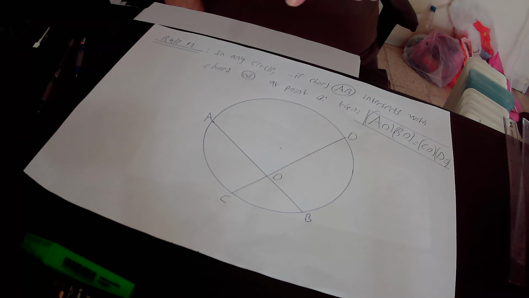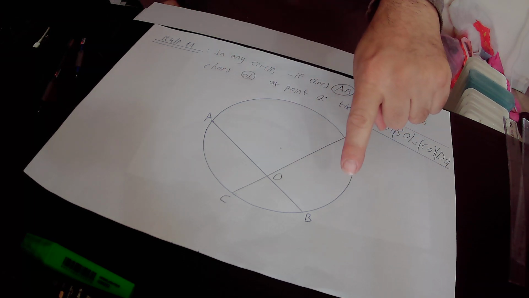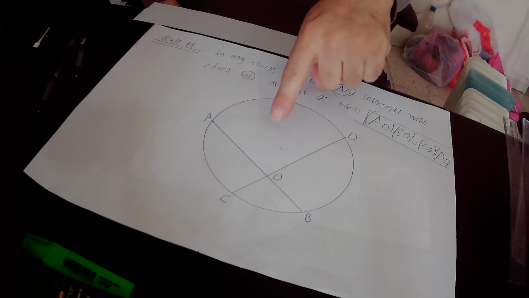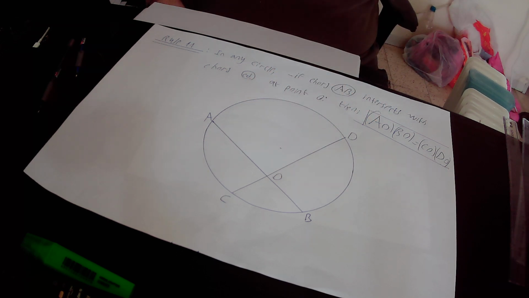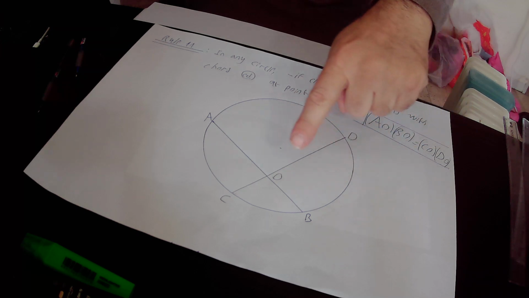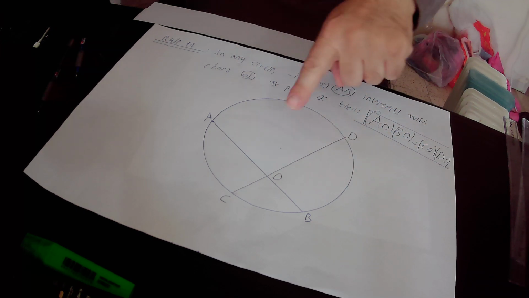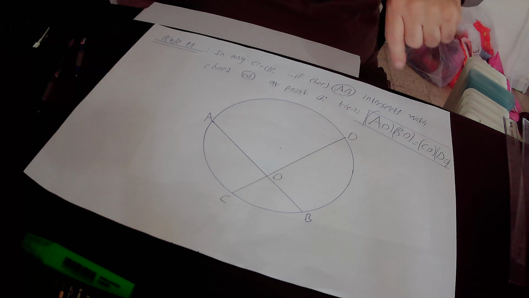In the drawing we have chord AB that intersects with chord CD at point O. Point O is the intersection point between the two chords. Whenever two chords intersect with each other, then the following equation will be true: AO times OB equals CO times OD. Again, AO times OB equals CO times OD.